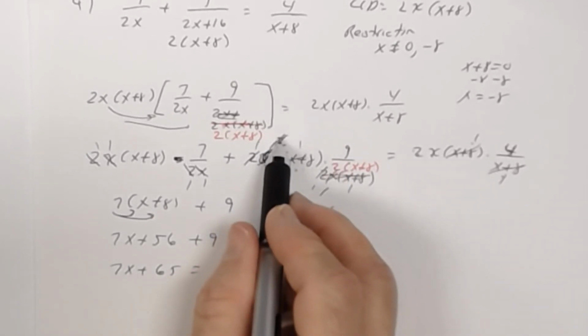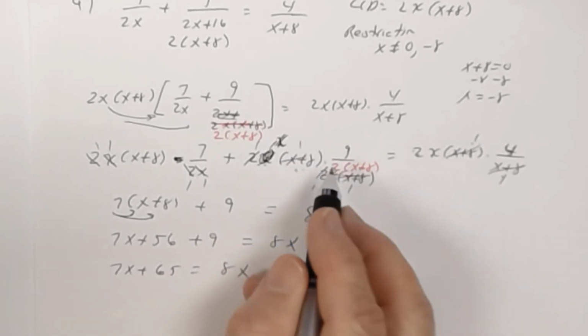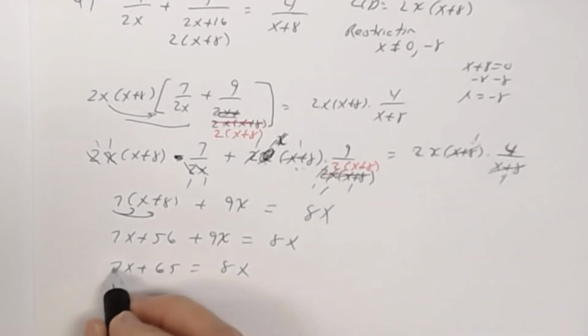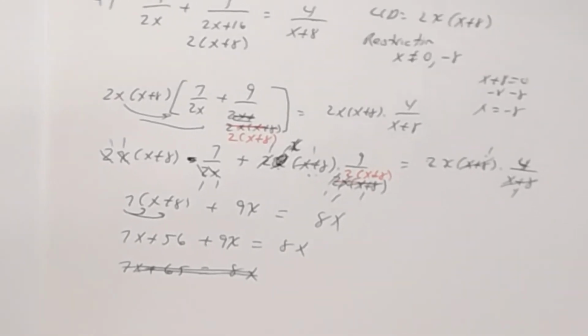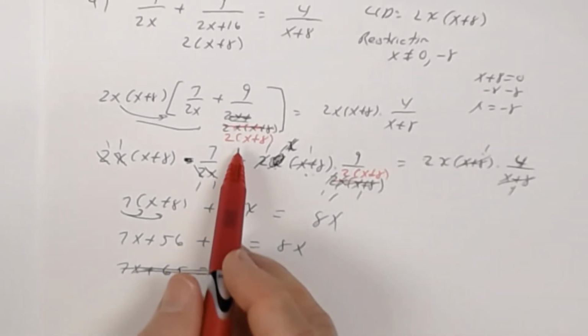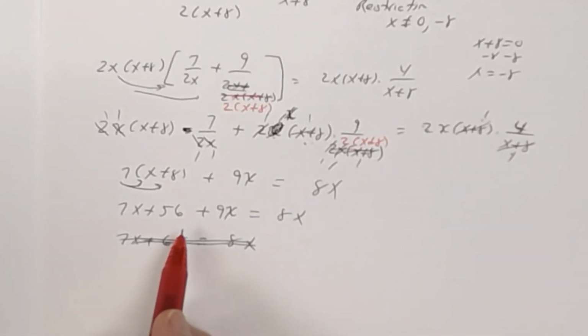So 1 times x is x times 1 is x, and x times 9 is 9x. So this needs to be a 9x. So that needs to be a 9x, so that's going to change this. Okay? All right, so be careful. You can easily mess up just like I just did. So be careful.